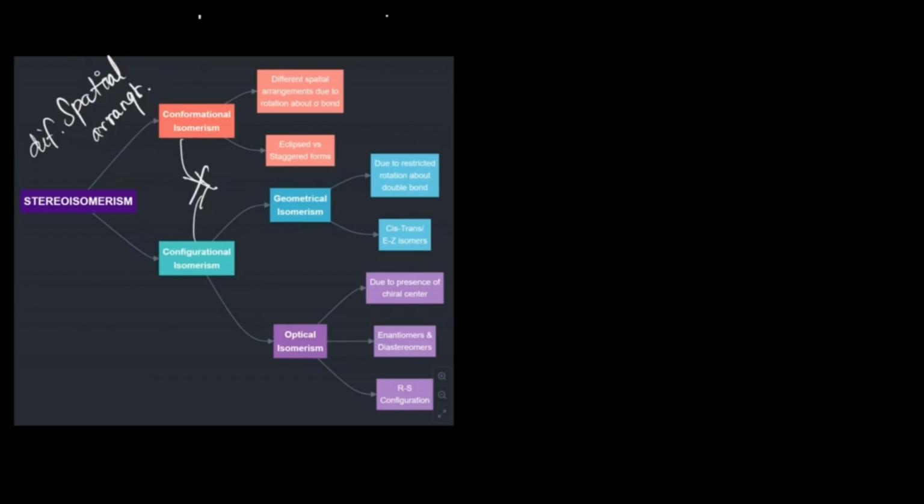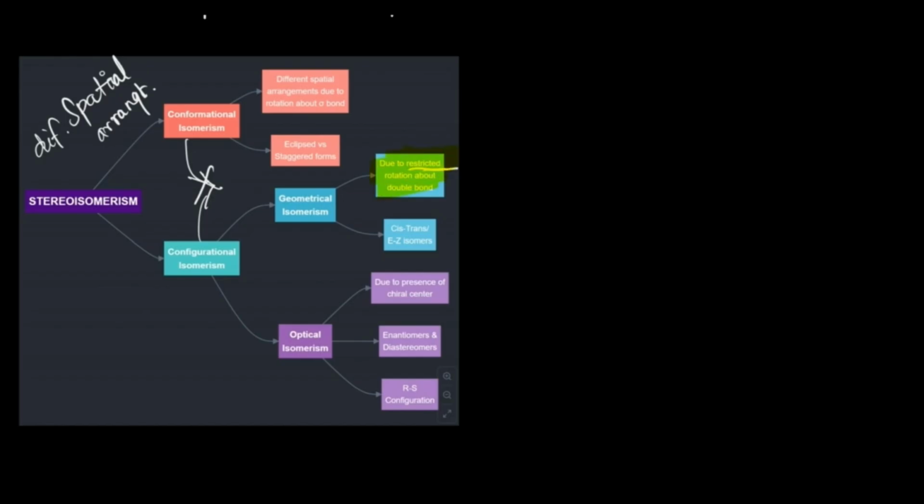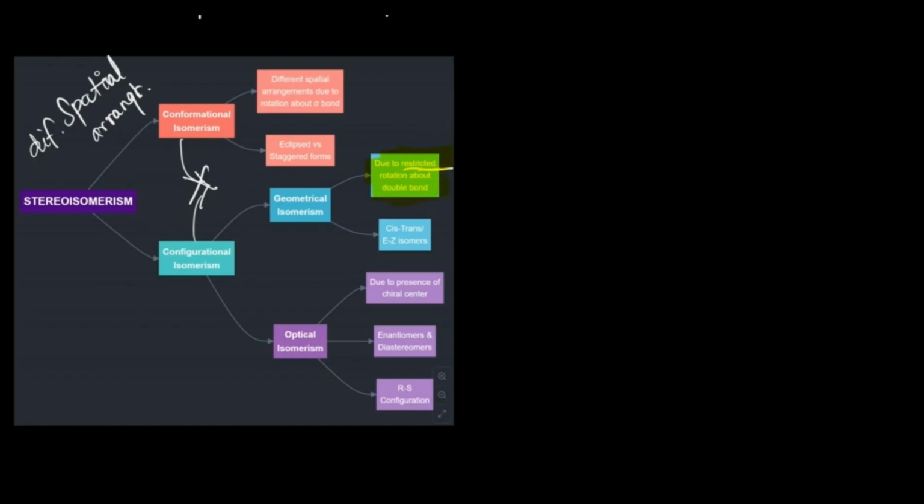First, configurational isomerism. Here I am going to take geometrical isomerism first. What is geometrical isomerism? It has restricted rotation. What is restricted rotation? Let's say I have a double bond, CH2=CH2.